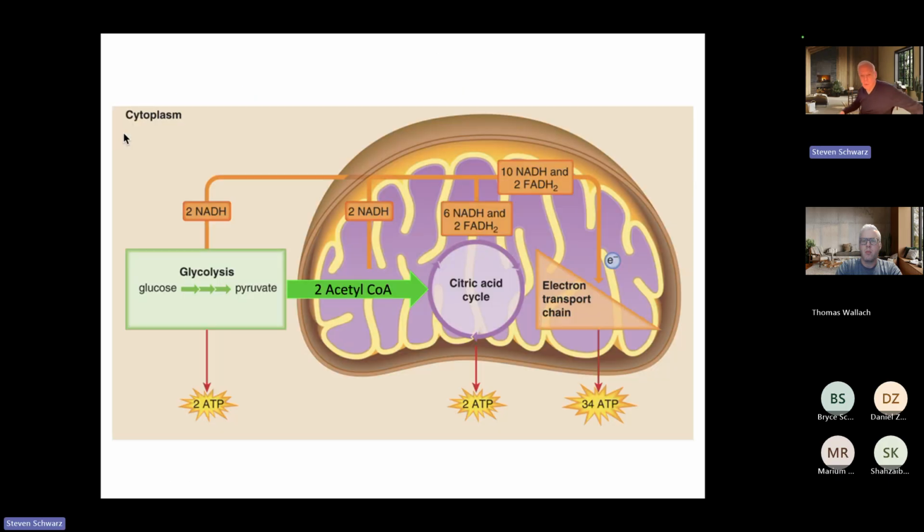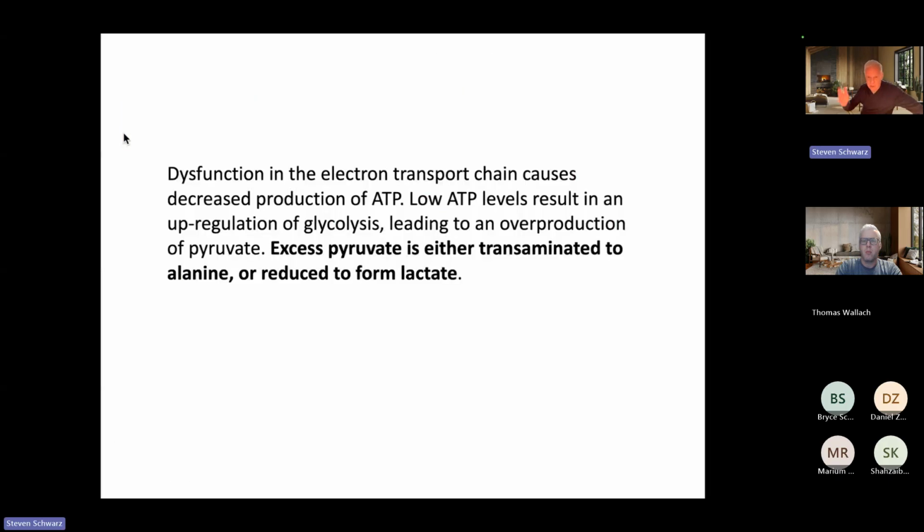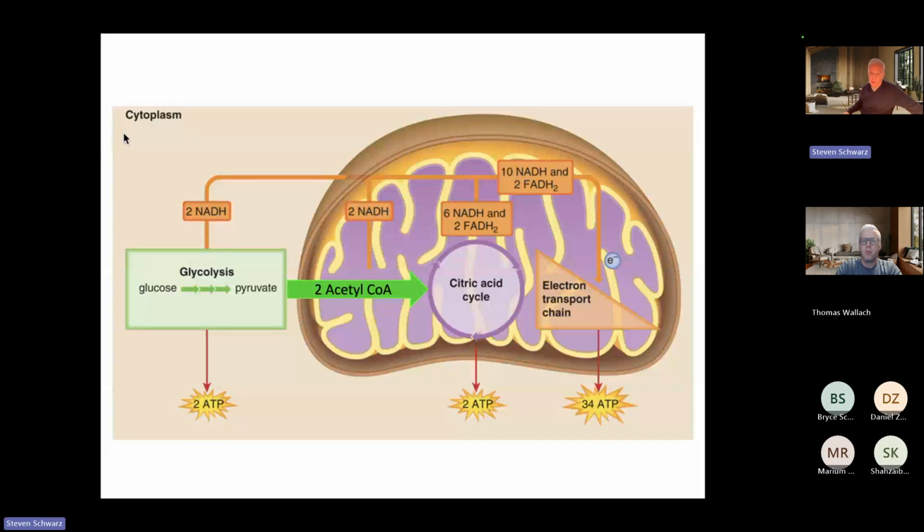Now, this is just another slide showing you the same thing. The citric acid cycle, the Krebs cycle, produces 2 ATPs for each cycle. Why is fat such a potent producer of energy?